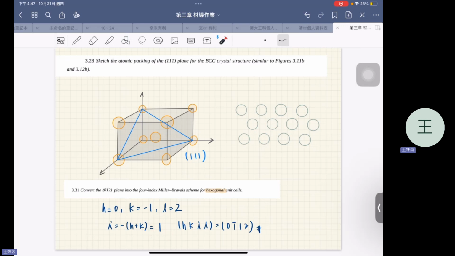Then we put I back into the term and get 0, -1, 1, 2. Pretty simple. If you want the 4-index Miller-Bravais scheme, it is only for the hexagonal unit cell. It won't show up in the cubic structure.